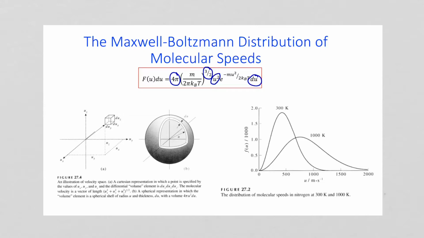Same idea here. So our x-axis is only going to be positive values, so we start at 0 over here. Our functions are no longer centered at 0, but they're centered at some value. So those are just a few of the distinctions between when we're talking about molecular speeds, which we are in this case, versus molecular velocities like we were talking about in the other video.